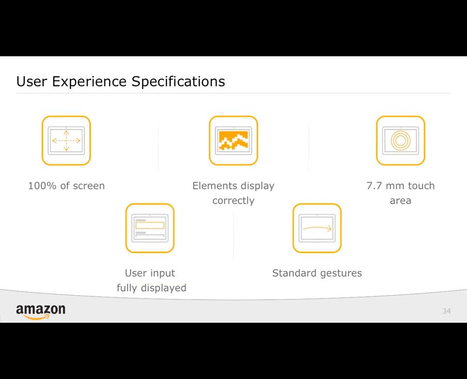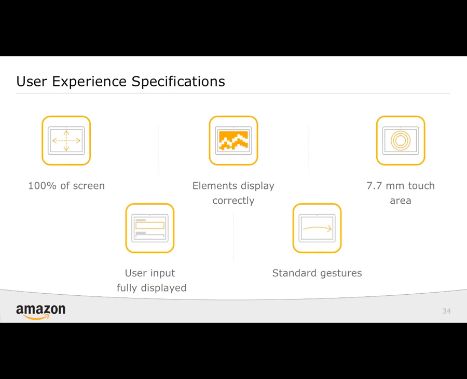We see, particularly in landscape mode, that a lot of forms end up dropping off the bottom of the screen. And when the keyboard is up, it can be really difficult to navigate to other inputs, or when you're at other input fields, to actually see them correctly. So please make sure that when you do ask for user input, you test that landscape and portrait and make sure that the user inputs are fully displayed.